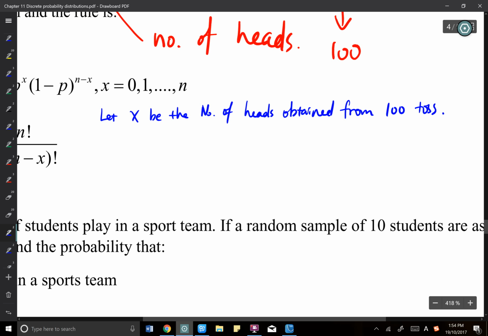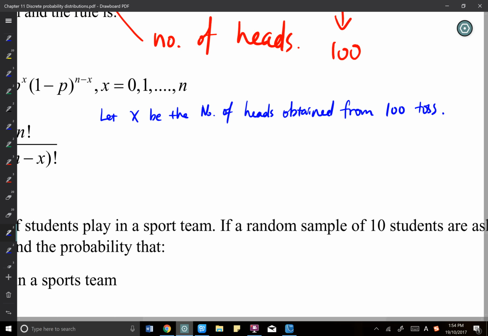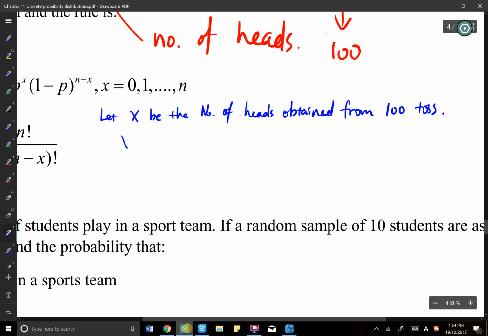And then on the next line you need to say x is binomial distribution. For example, if I'm a marker not knowing any math, you need to tell me what rule you are following. So x, squiggly line, and then you say it's a binomial distribution.